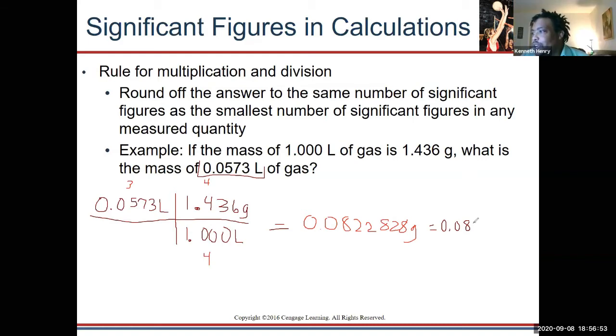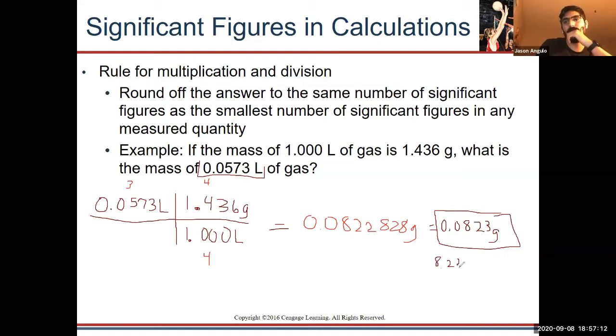You said 0.08. You said 2.23? Yes. Okay. Great. But you could put it in scientific notation. Then it would be what? 8.23 times 10 to the what? Negative 2.